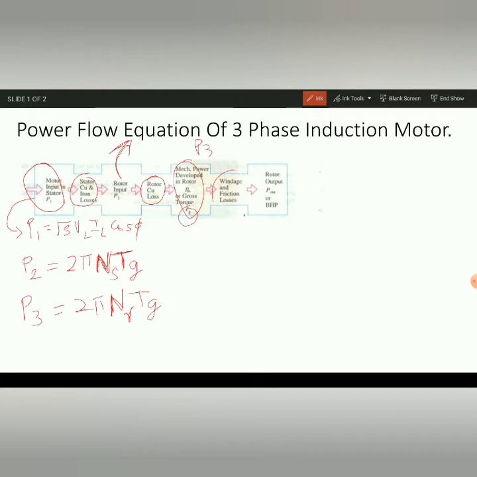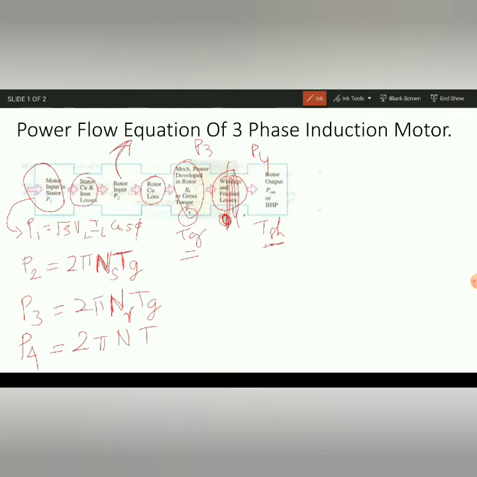Now after the windage and these other losses, the complete output is P4. P4 can also be written in terms of mechanical power. How do we write it? Again it is 2 pi nT, but here it is after the losses. So if the gross torque is Tg, the shaft torque will not be equal to it, because after some losses it will not be equal.